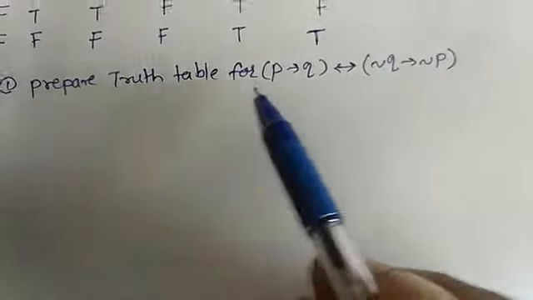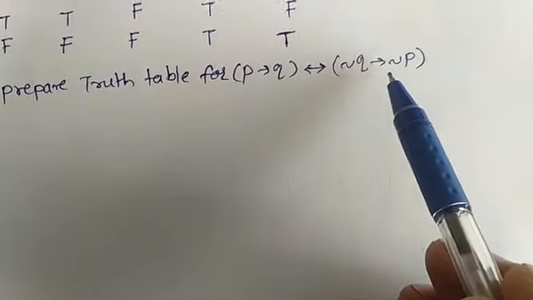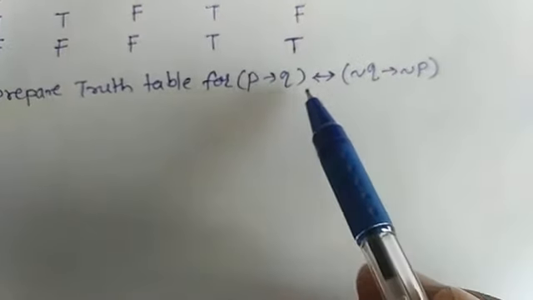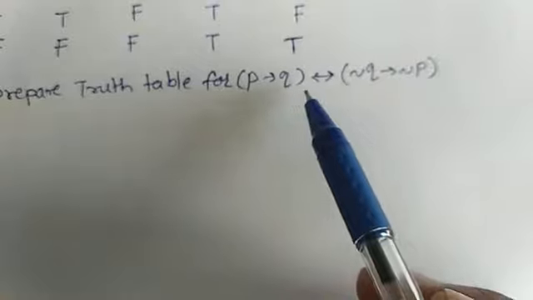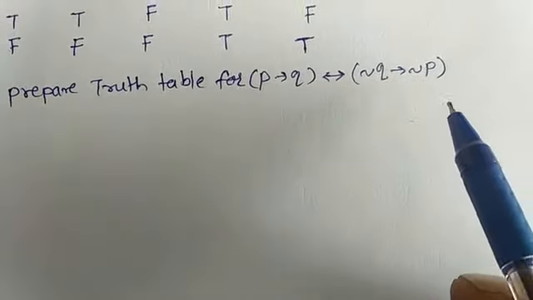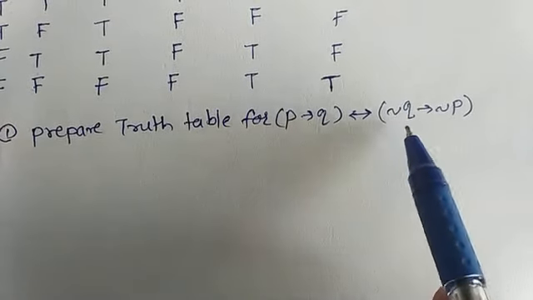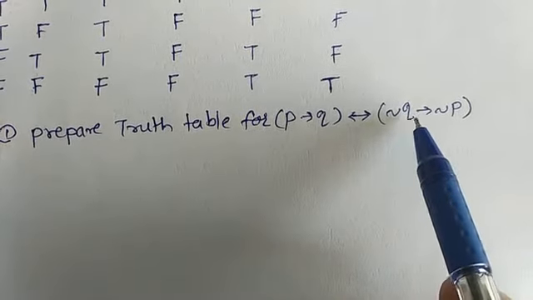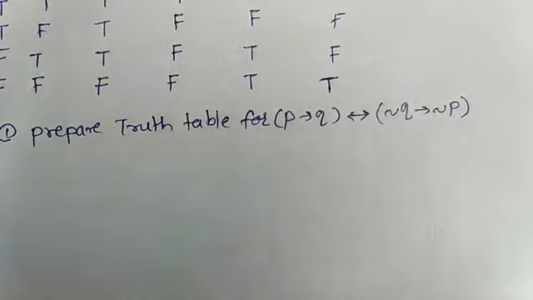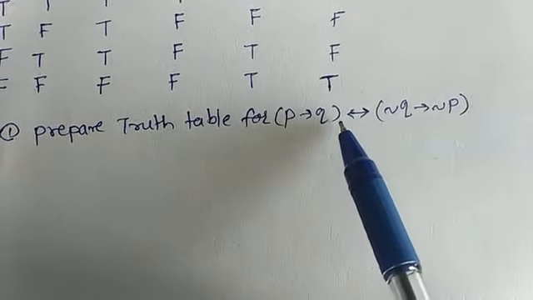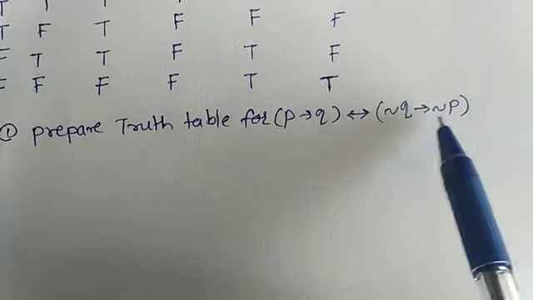To prepare the truth table for this proposition, first we have to see how many statements are given in that proposition. Here it is P implies Q. Next is negation of Q implies negation of P. That means there are only two statements, P and Q, because we have to take the negation of both P and Q.